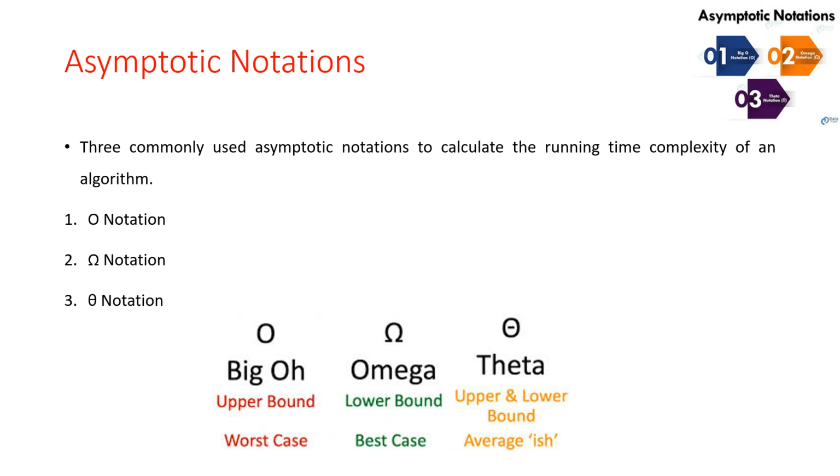Big O notation is called the upper bound for the worst case, Omega notation is used for the lower bound, that is the best case, and the upper and lower bound, which is called Theta, is for the average case. Most of the time, the calculation is done for the worst case by using Big O notation.